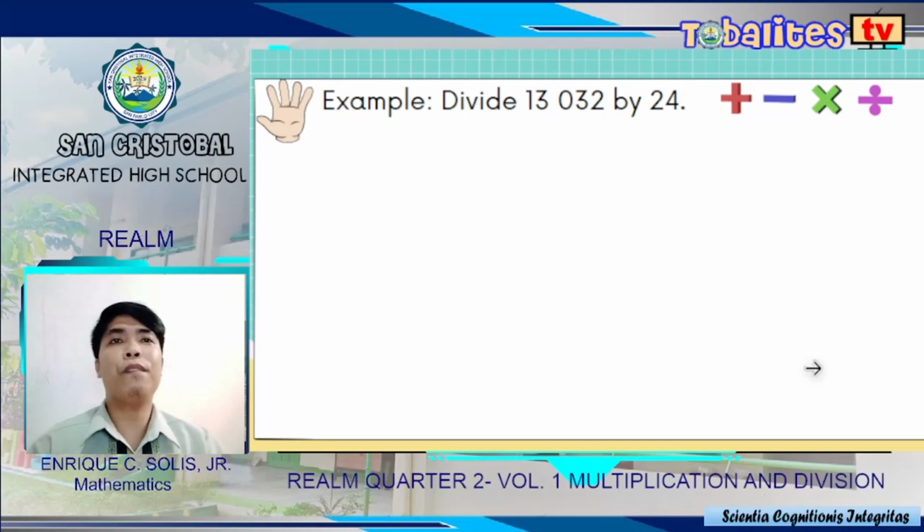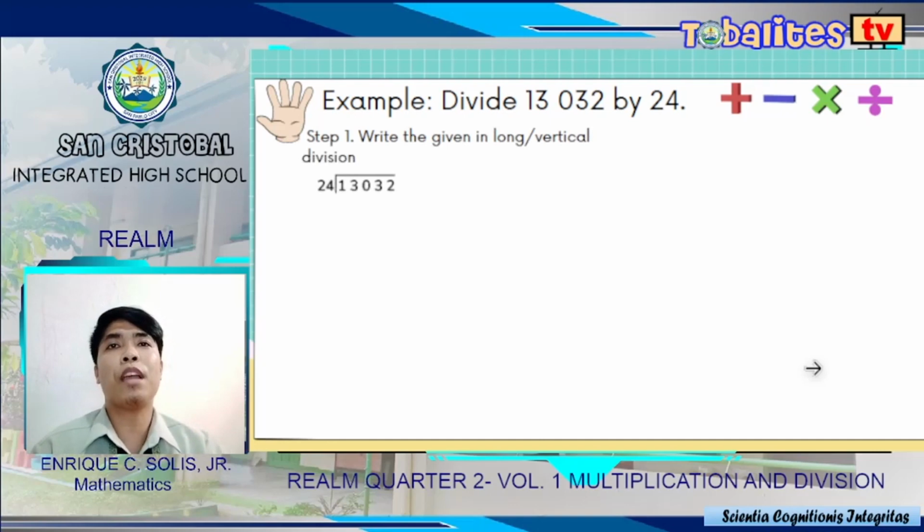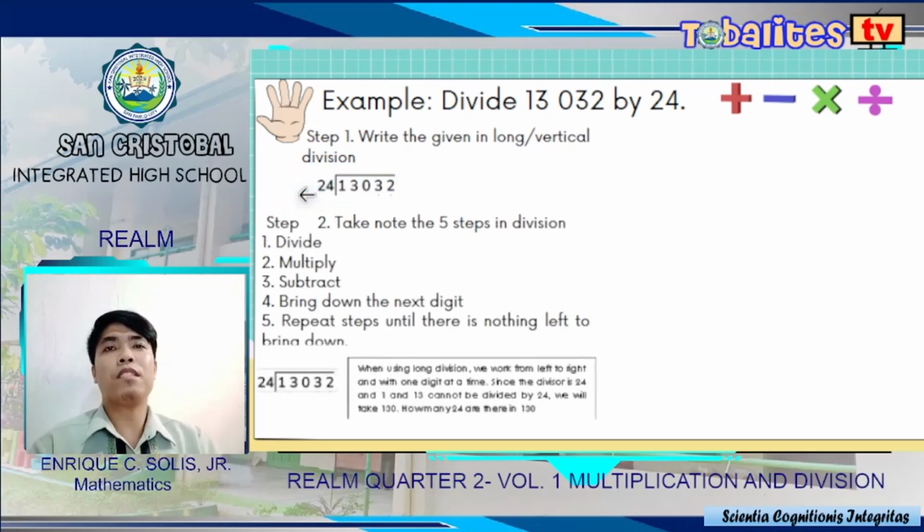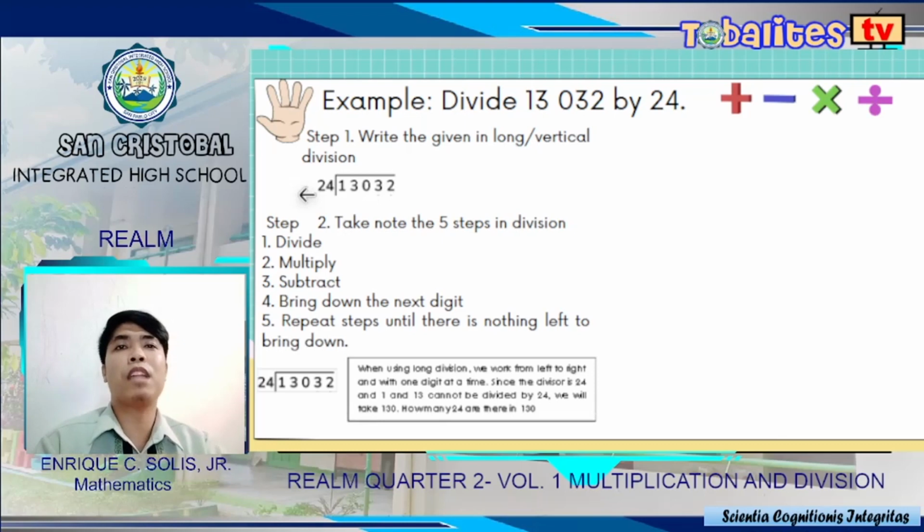So we have divide 13,032 by 24. The first step is to write the given in long division or vertical division. So we read it, we start with the numbers inside the division symbol. 13,032 divided by 24. Next step is take note of the 5 steps in division.